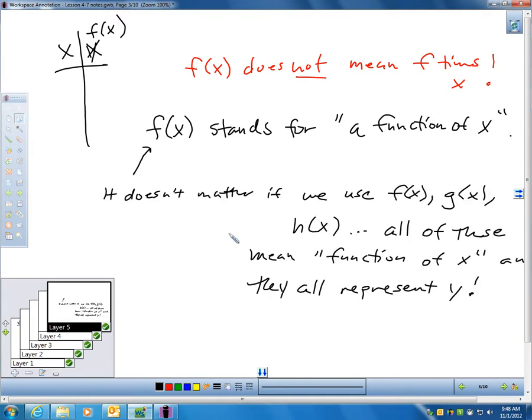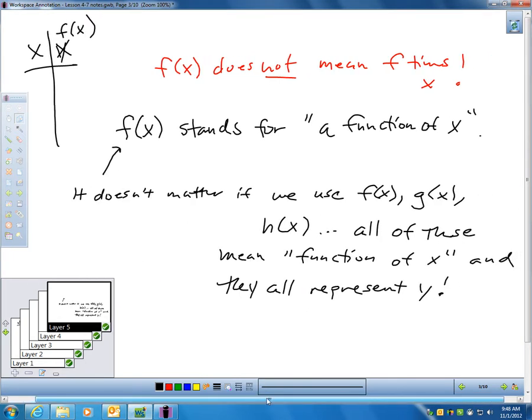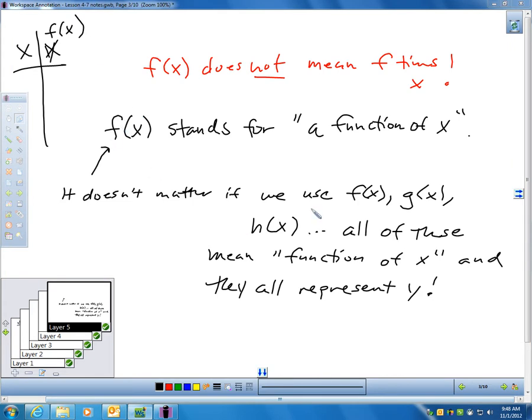And keep on going here. It doesn't matter if we use the symbol f of x, or g of x, or h of x. All of these things mean function of x, and they all represent y. Just to show you these, if you quickly turn ahead to page 266, and you should actually do this, go to page 266. And what you'll see there in questions 23 to 34 is that notation.